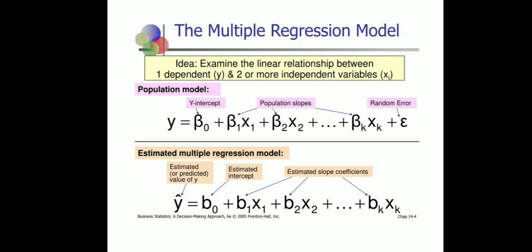These are the population slopes, beta 1, beta 2, etc. Beta 0 is the y intercept. The estimated regression model is y cap equal to b0 plus b1 x1 plus b2 x2, etc., plus bk xk. So b1, b2, etc., bk are the estimated slope coefficients, b0 is the estimated intercept, and y cap is the estimated y value.